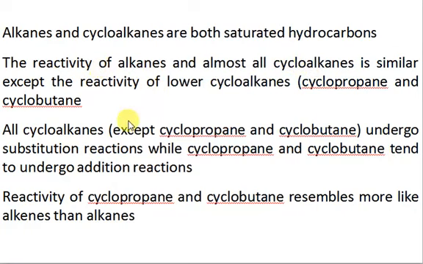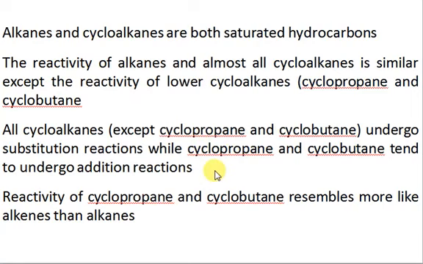So the reactivity of cyclopropane and cyclobutane is different from almost all of the cycloalkanes and the alkanes. Why are we saying that? Because all alkanes undergo substitution reactions, so they get a hydrogen substituted by some other group, but cyclopropane and cyclobutane tend to undergo addition reactions. And when they undergo addition reactions, they undergo ring opening.